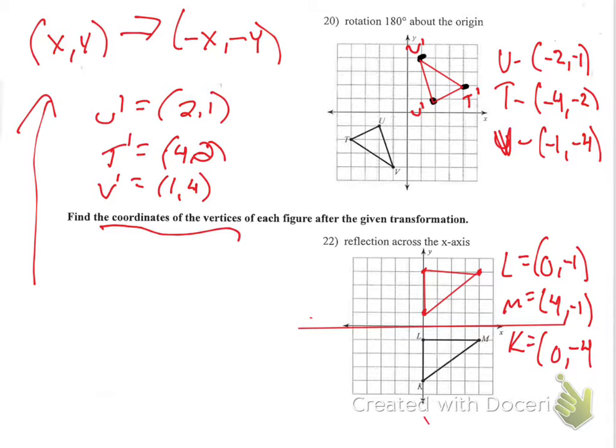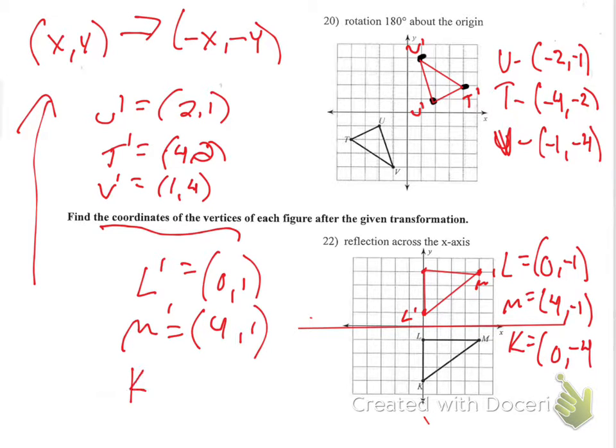So L prime would be equal to (0, 1), M prime would be equal to (4, 1), and finally your K prime would be equal to (0, 4). And that's it. We're just looking for the coordinates of this new one.